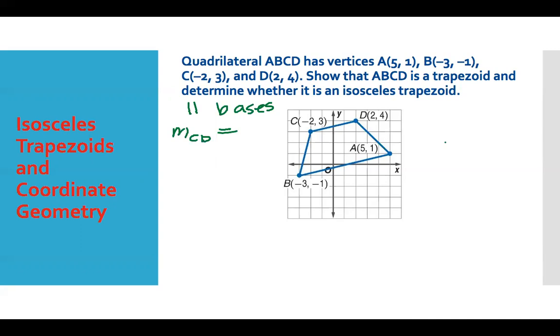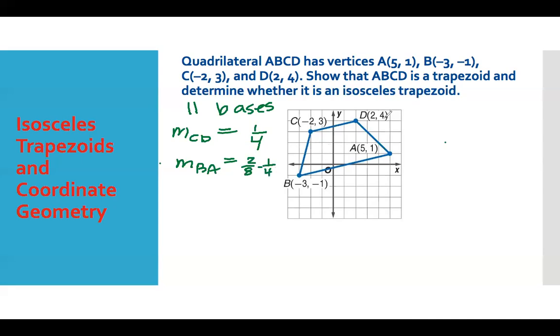We're gonna rise 1, 2, 3, 4, and the run is 4, right? So 1/4. Do we agree? Okay, and then the slope of BA, we're gonna go up 2 and over 1, 2, 3, 4, 5, 6, 7, 8. So it's gonna go up 2 and over 8, which means that slope is 1/4.